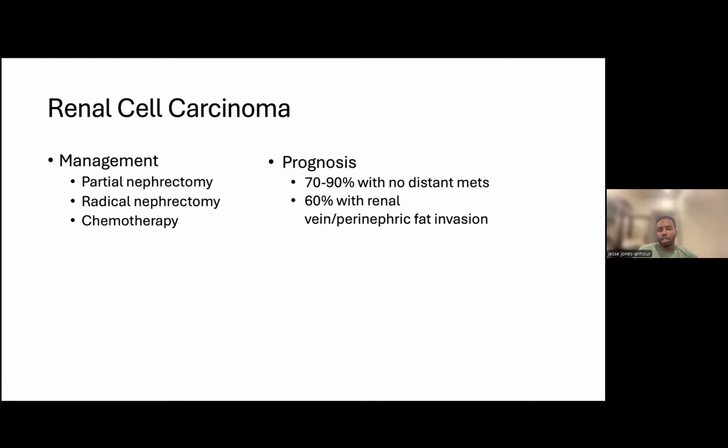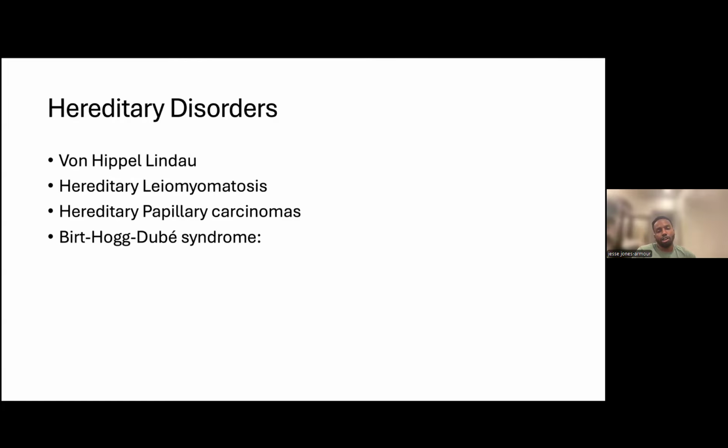The prognosis for renal cell carcinoma is 70 to 90% at the 5 year if there's no distant mets involved. However, it drops to 60% when you have renal vein or perinephric fat involvement as well. There are some hereditary disorders involved, such as your von Hippel-Lindau syndrome.